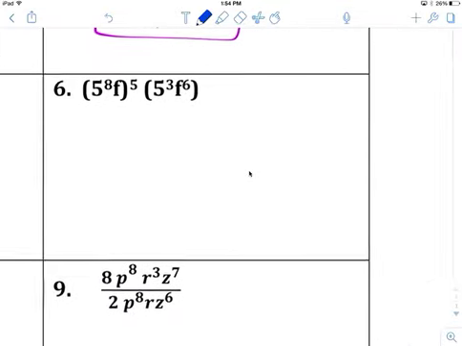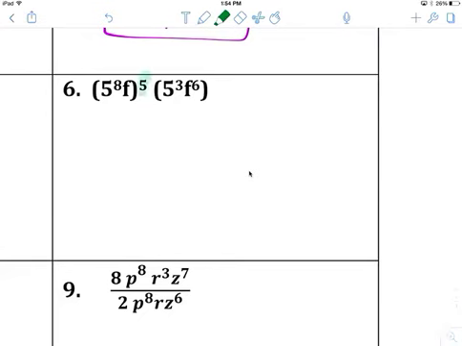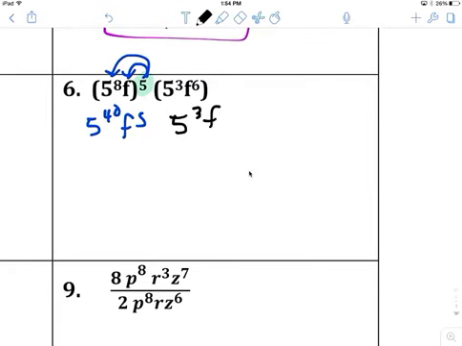Number 6. There's the exponent outside. You need to distribute that first. Got 5 to the 40, f to the 5th. And then the other one stays the same. 5 to the 3rd, f to the 6th.